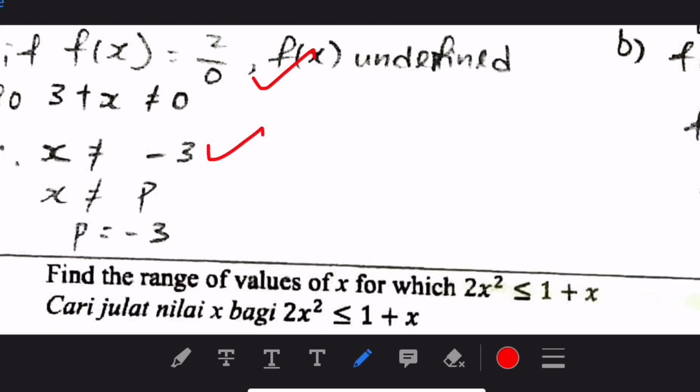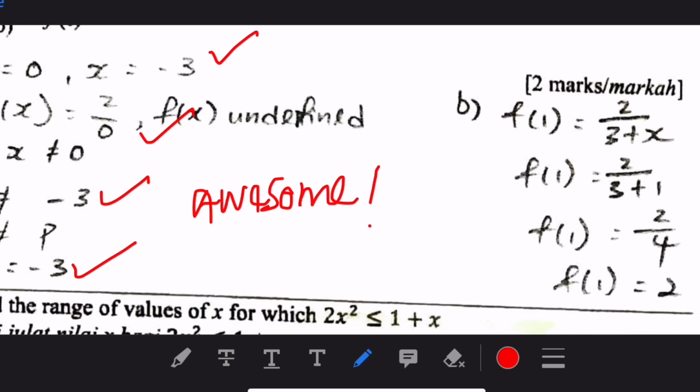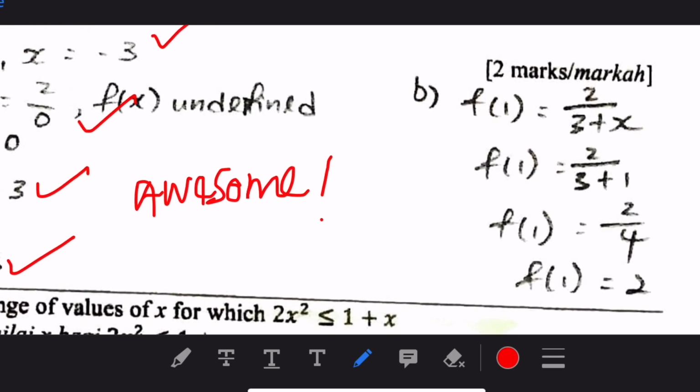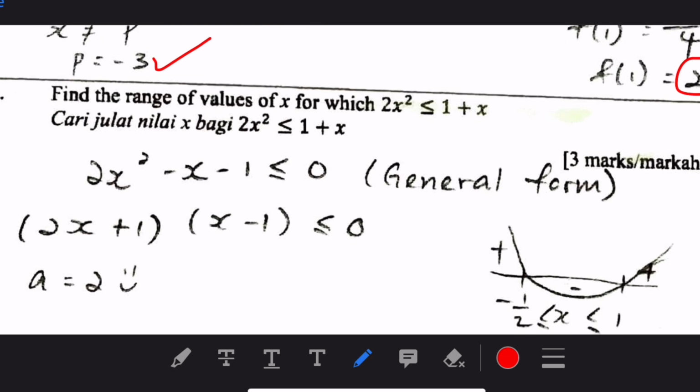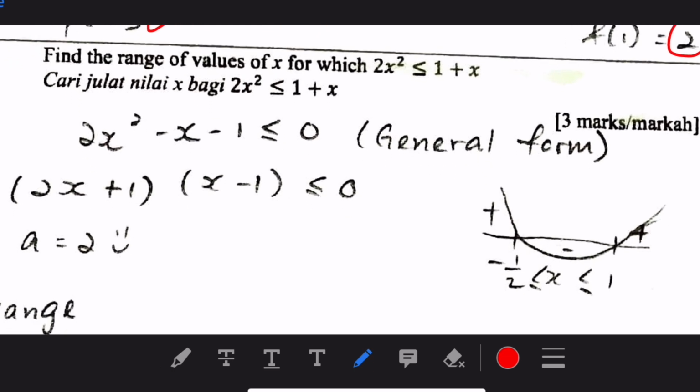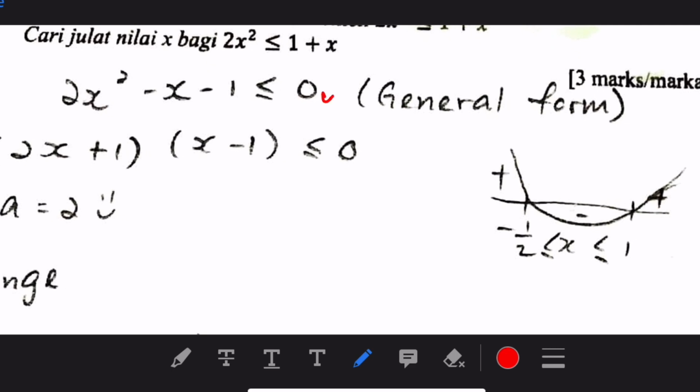And then I did explain why we must let the denominator equal to 0, and she is very attentive to the video teaching. Then for B, I think she did it too fast. I think that's the part where she missed out the 1/2. For this one, it is about the quadratic function.